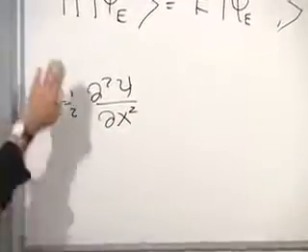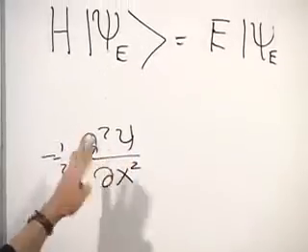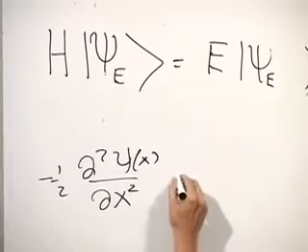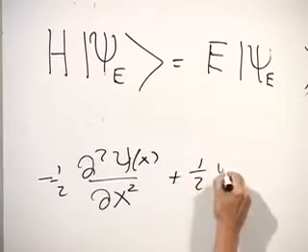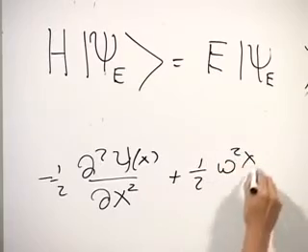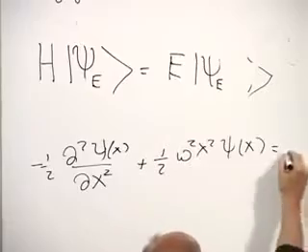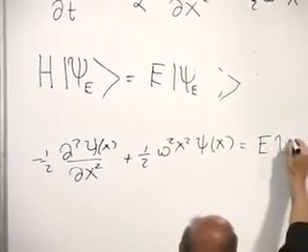This is H on psi, or the representation of it in terms of ordinary functions, psi of x, plus 1/2 omega squared x squared psi of x equals E times psi of x.